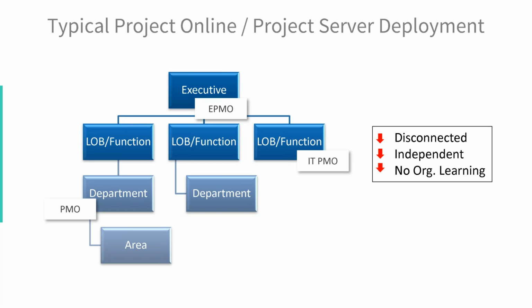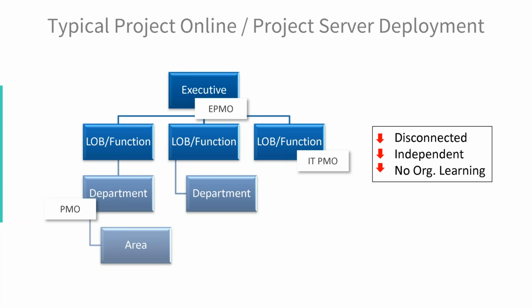there's a tendency to just deploy to one single business unit, one line of business, either in IT, most common, or at an enterprise PMO, or within a department. And the tendency is that in most cases they are disconnected, somewhat independent, and there's no organizational learning. So in terms of actually having the ability to drive that strategic execution management, that program management, investment program management, we haven't really done a good job.